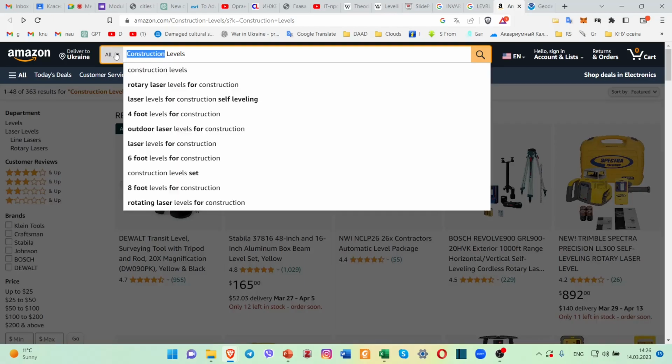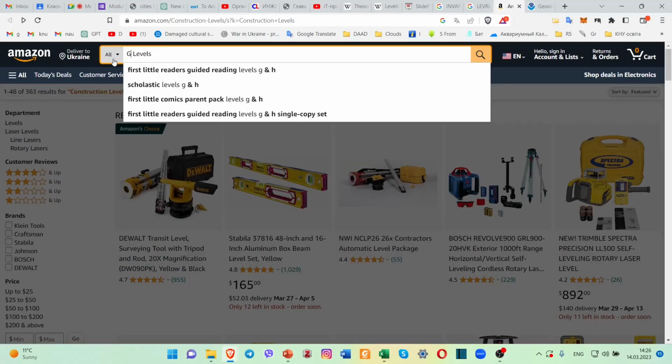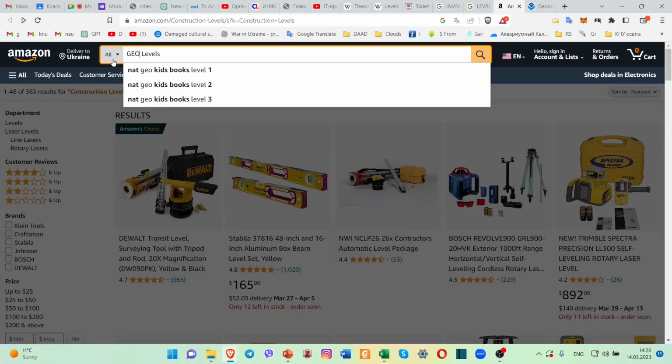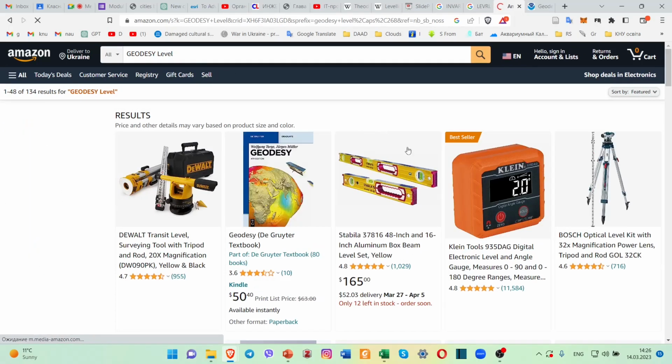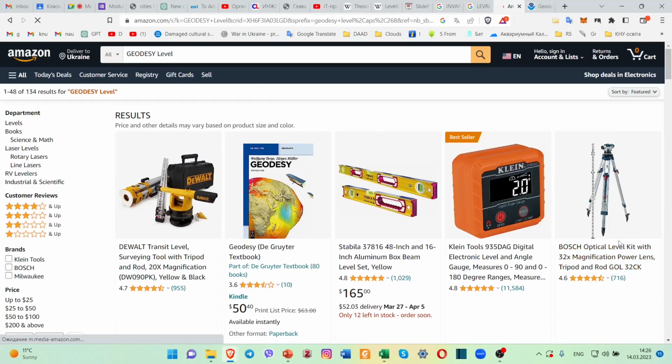Construction levels and geodetic optical level.